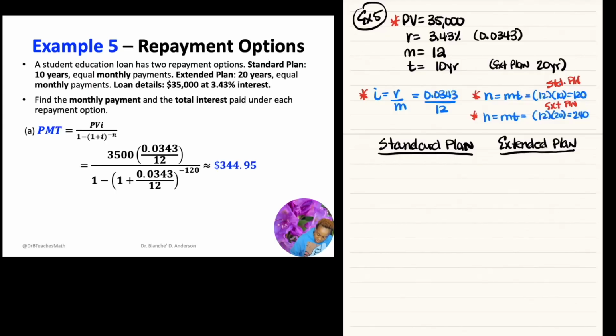So I do need to correct that. 35,000 times 0.0343 divided by 12, and then divided by 1 minus 1 plus 0.0343 divided by 12 to the negative 120.